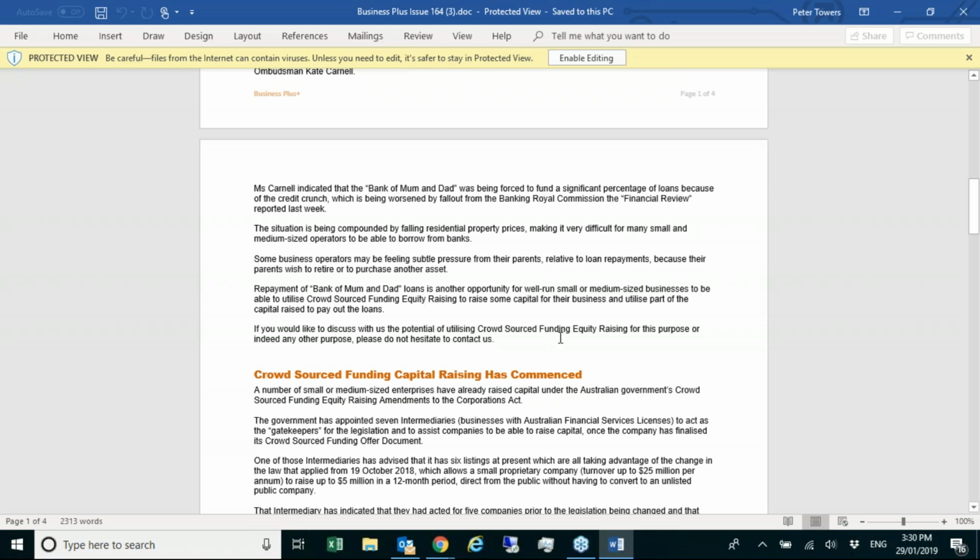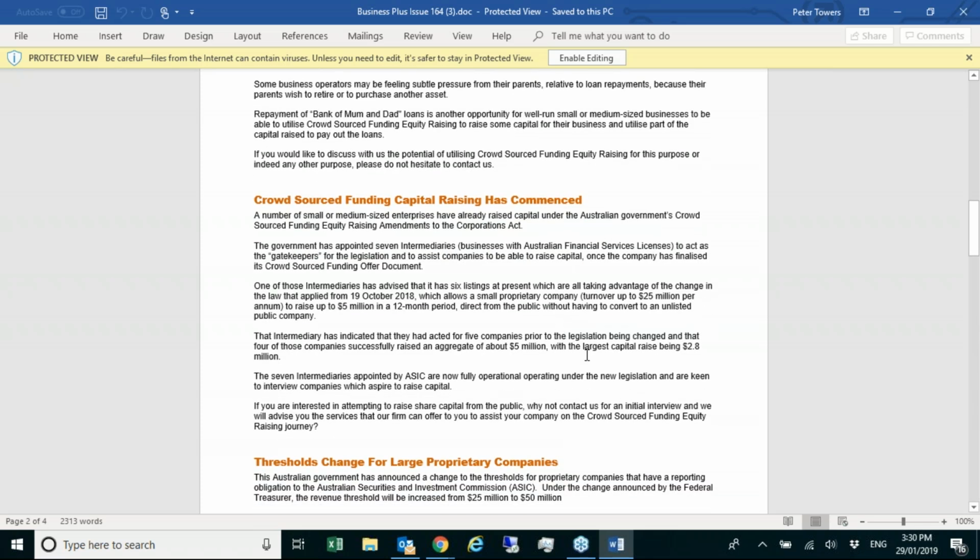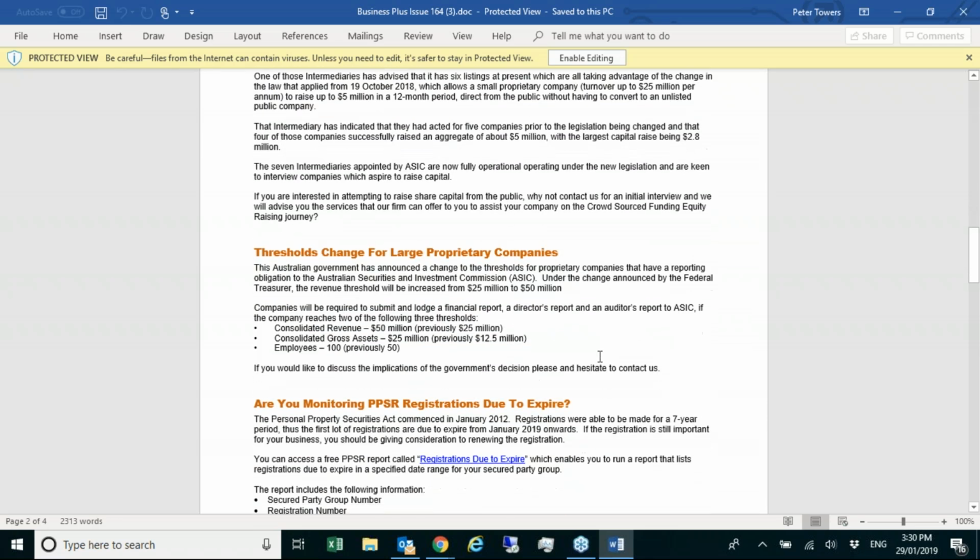And perhaps being able to repay those loans might be generated by a crowdsourced funding capital raising. We've got an update there on crowdsourced funding, and we will have an update for the next few months still on crowdsourced funding.